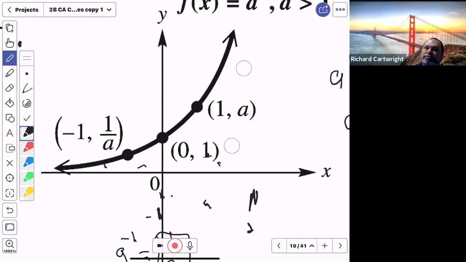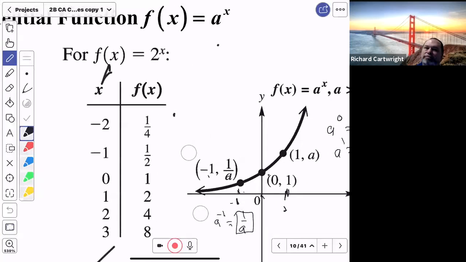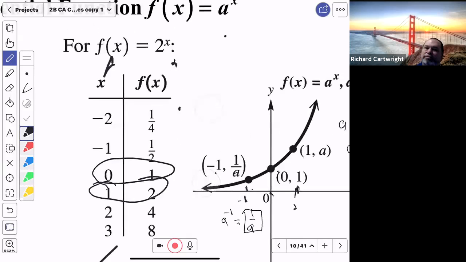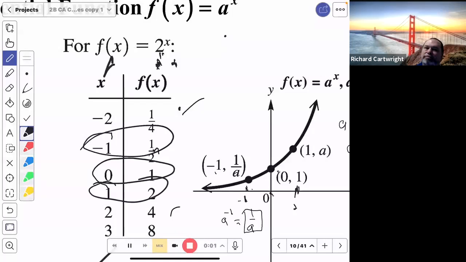So if you look at the table of values, if you're doing 2 to the x, look what happened at 0. Look what happened at the 1. You got the base of a 2. That's what the base was. 2 to the 1 is 2. If you plug in the negative 1, you always got the reciprocal of the base 2. You got the reciprocal of 2, which is 1/2. So you didn't really need these extra points. Not that I would stop you from producing them.